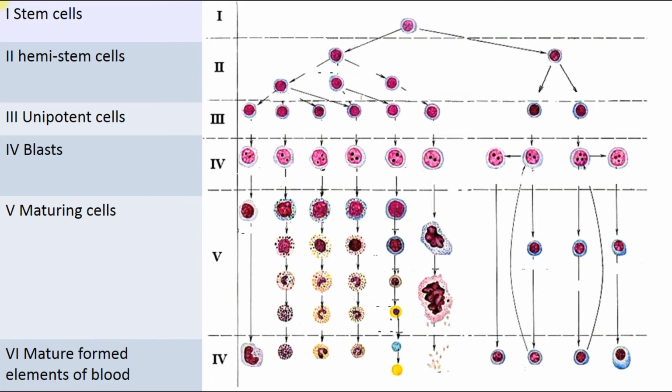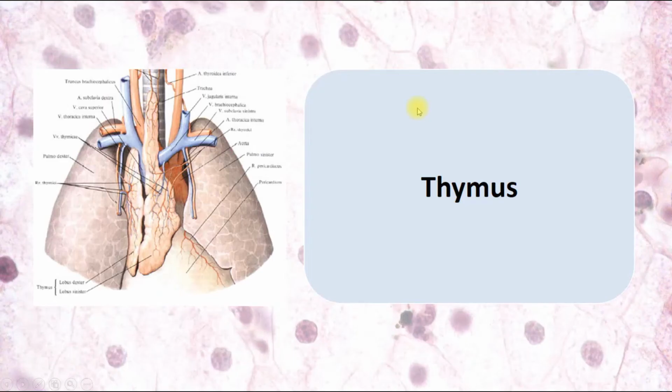That's why they are called T lymphocytes, because they develop in the thymus, and the thymus continues their development and their antigen-independent differentiation. That's why the thymus is also a central organ of hematopoiesis. All other cells complete their development in the red bone marrow.